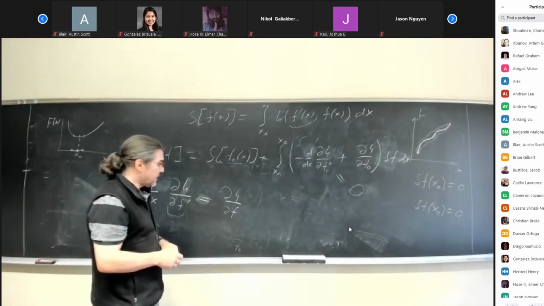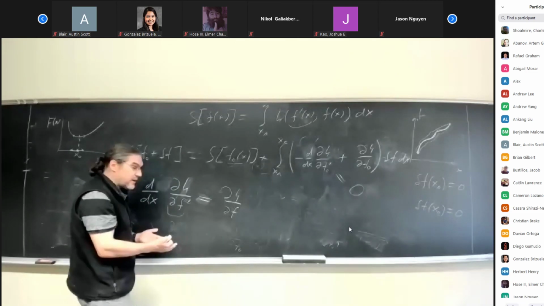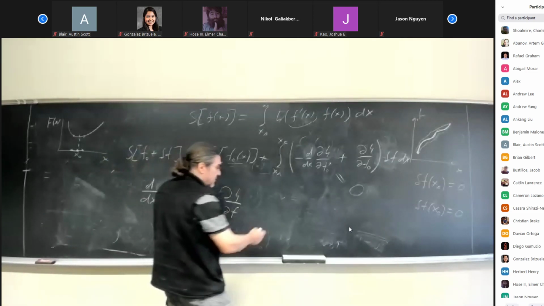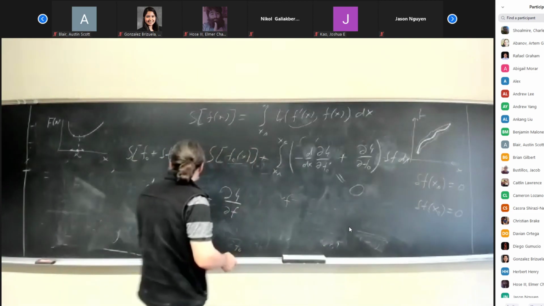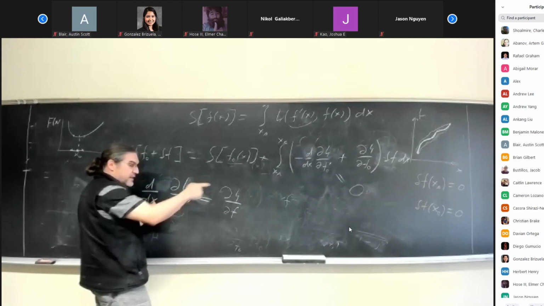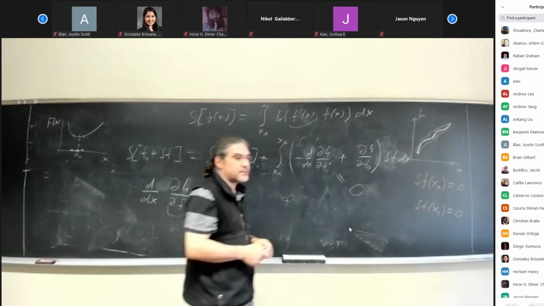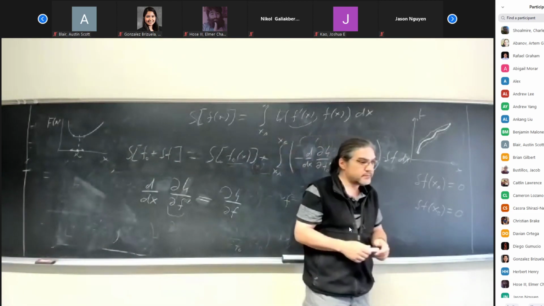So what is written here is a differential equation for the function f. It also must satisfy our boundary conditions, and the function which satisfies this equation and the given boundary conditions will provide me with the minimum of this functional.